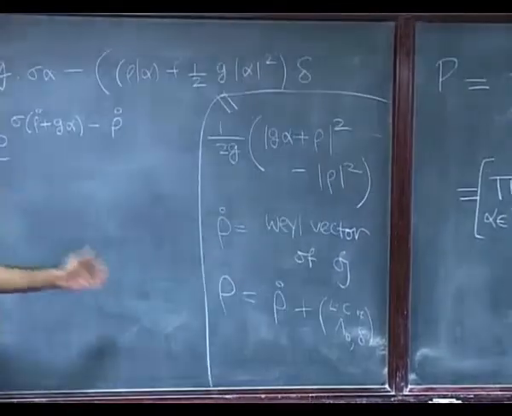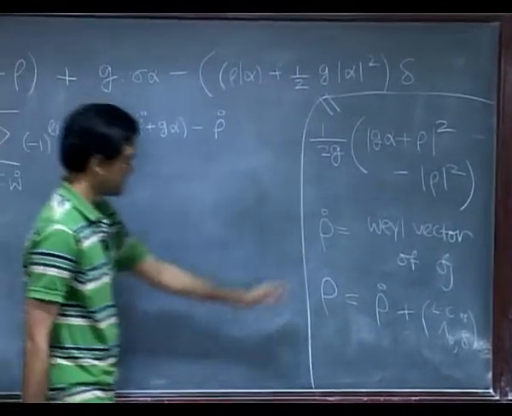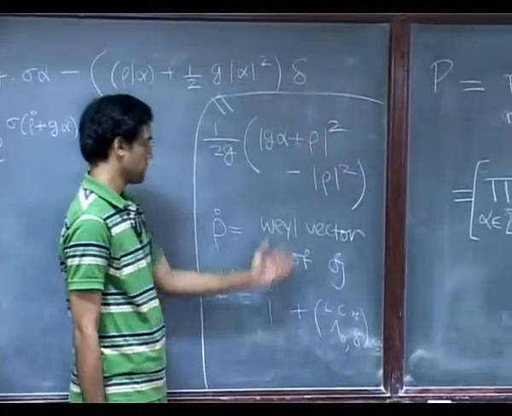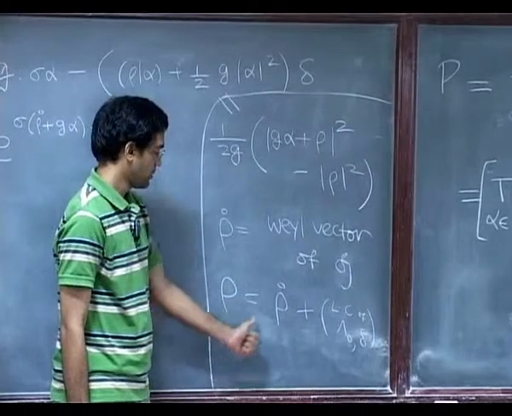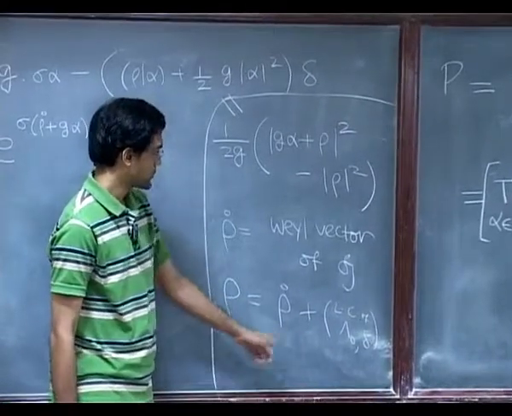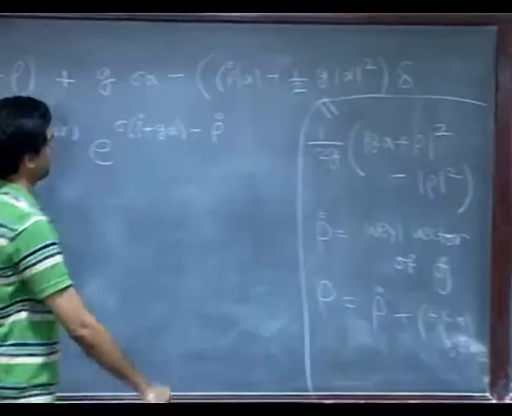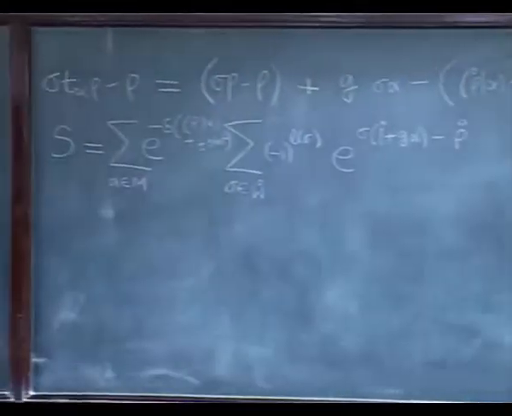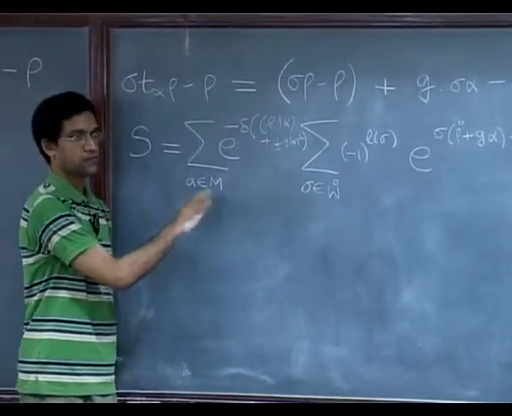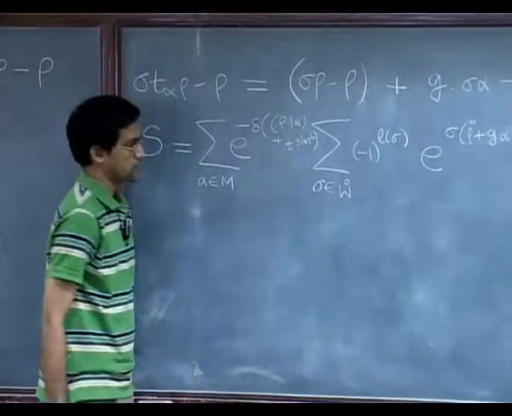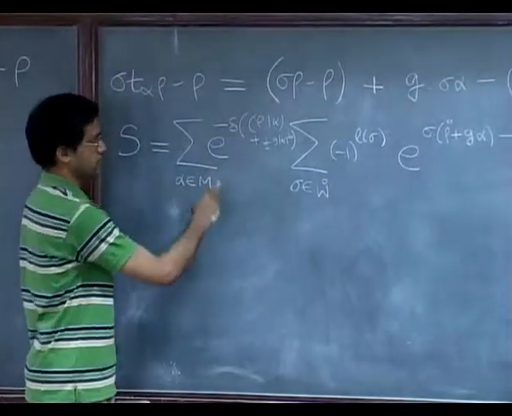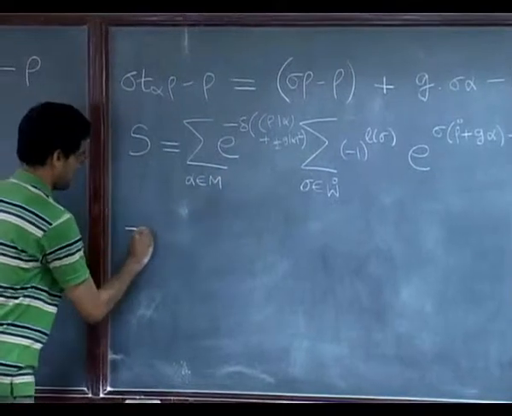So check that this is in fact the case, where rho is the original Weyl vector and this is the Weyl vector of G naught. Thanks to this, it doesn't matter here either. I can change this to rho dot. You need to check the last thing that I said. And so now we are in good shape.